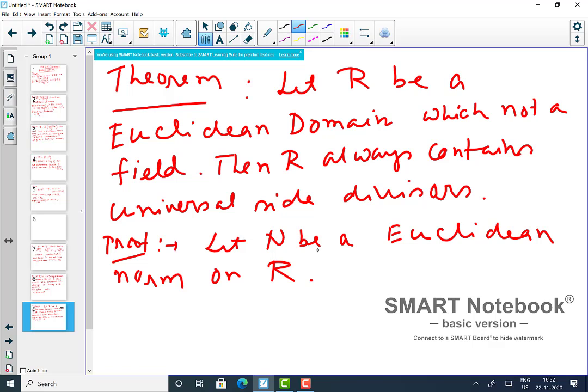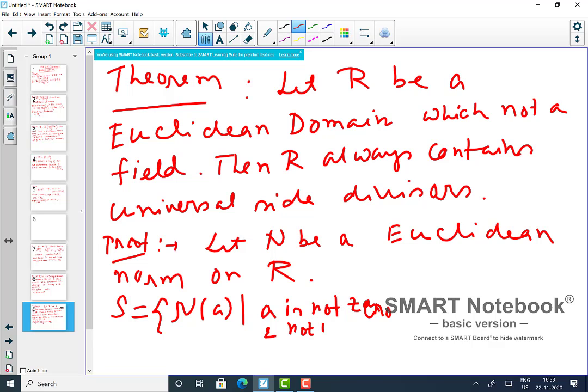Okay, so what I'm doing is writing S as the set of norm of A such that A is non-zero and non-unit.